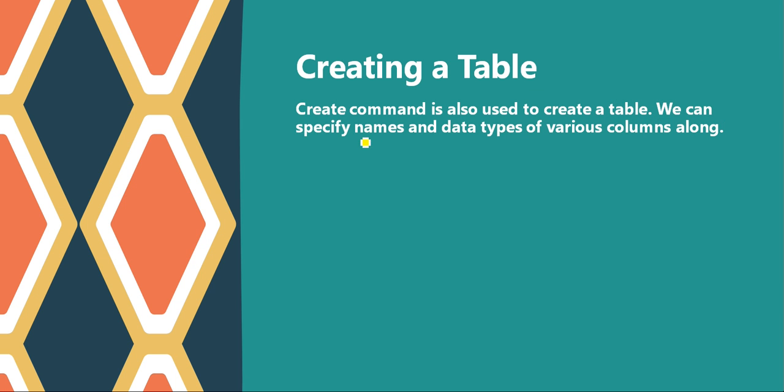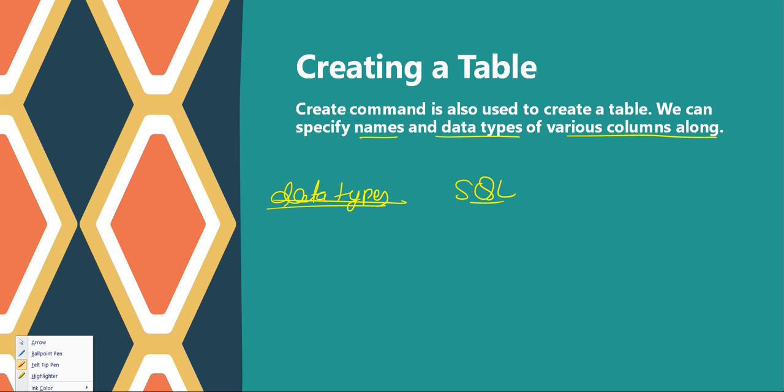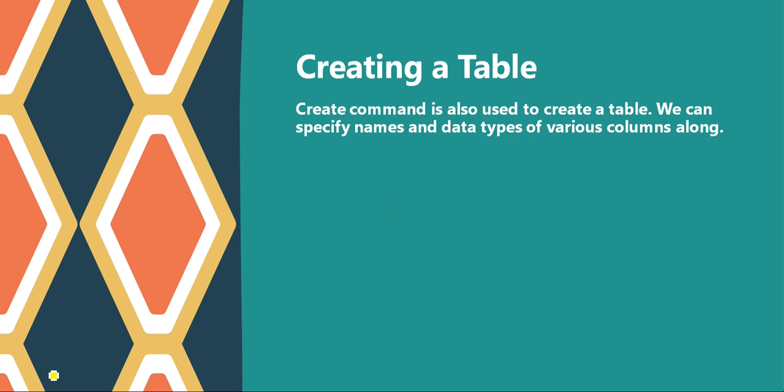We can specify the name and data types of various columns along. So we already have seen about data types, right? We have seen various data types present in SQL in our previous classes. So now we are going to use all of them one by one. So for creating a table, let's say I want to create a student table.